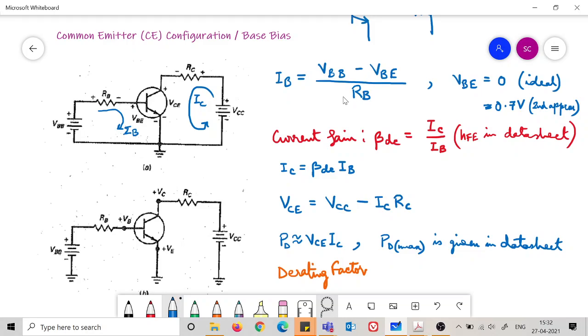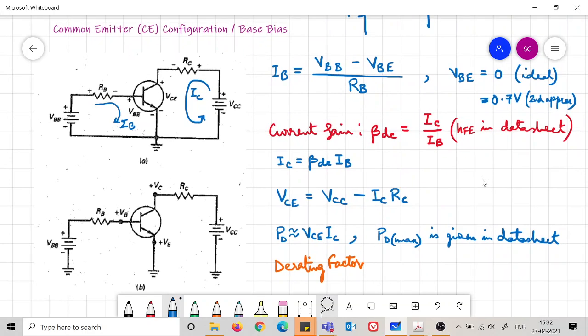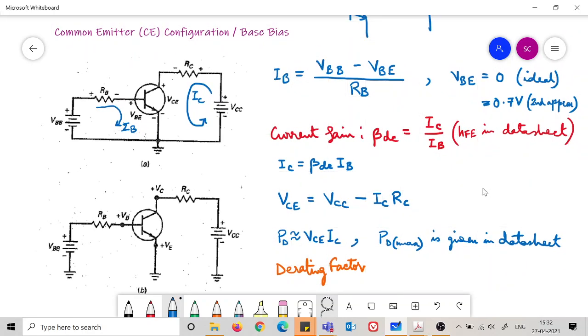You can calculate something, you will get IB in the range of milliamperes, I guess. I don't remember exactly, but when you look into the textbooks, maybe RB is in the range of mega ohms probably. I am not very sure, but you can see that when you are looking into the book. But right now you can calculate something, that IB you will get. So this is the equation.